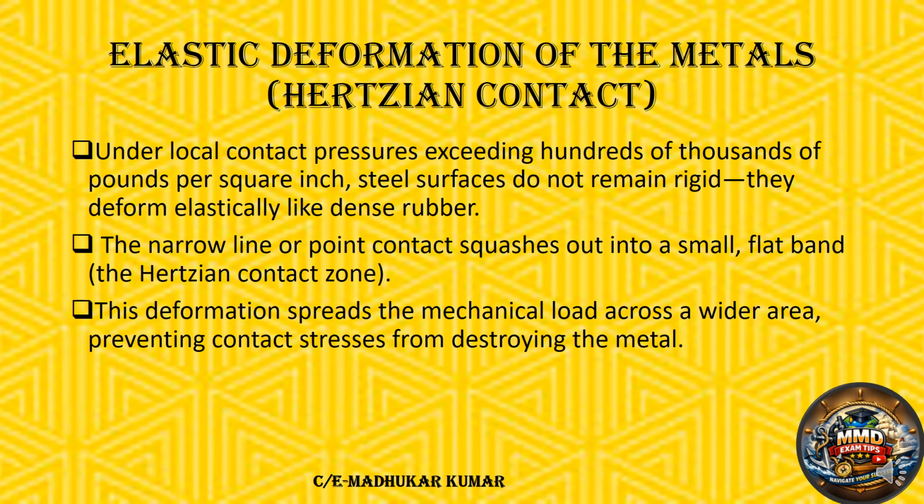The mechanical load is being shared over the wider area, and at one point the pressure is not going to destroy the metal. So this is your basic understanding: elastic deformation happens where you have the contact line or point, and due to this the temporary deformation takes the load and the lubrication also exists. Okay.